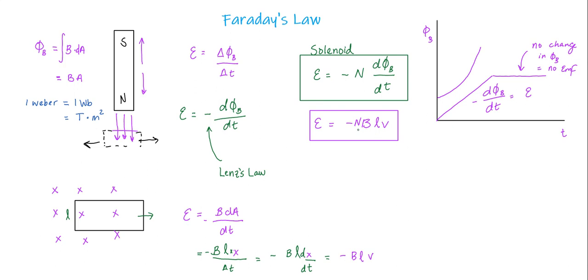Another time that this equation can become very useful is if you're looking at a magnetic field. I'll draw this one up here, and you have a bar. Instead of being a coil now, this is actually just a solid metal bar.